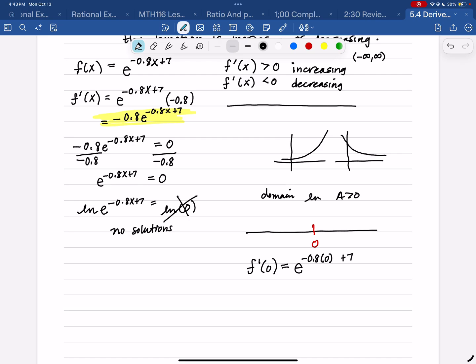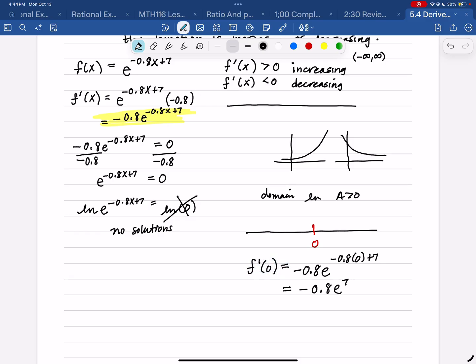And wait a minute, that's not the actual derivative. That's negative 0.8 e to the negative 0.8 times 0 plus 7, which is negative 0.8 e to the 7.